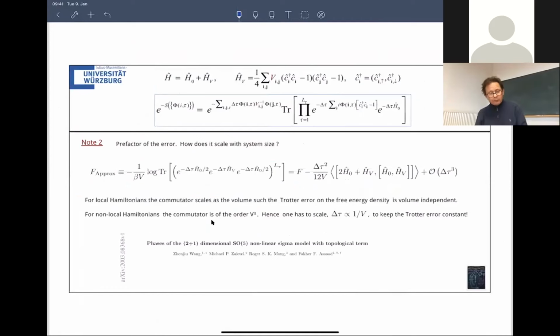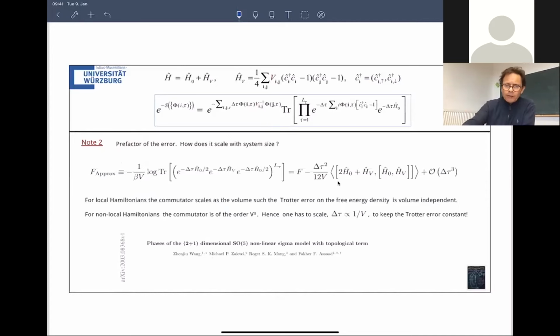What is the prefactor of the error? How does it scale with system size? So you can take the symmetric decomposition and ask yourself the question: this is my approximate free energy density. And if I do a bit of algebra, then my approximate free energy density is equal to my free energy density, and then this correction factor. So this is a commutator of a commutator.